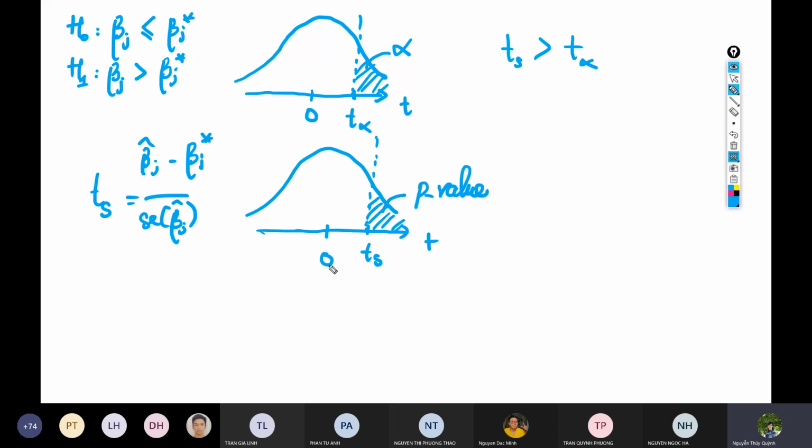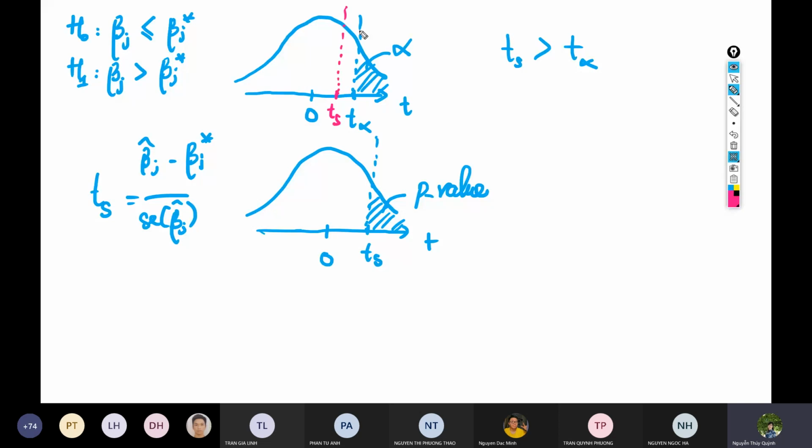For this test, we reject H0 if the observed value of T is greater than T alpha. Now for this case, suppose that our TS is here, and this one will be our p-value.